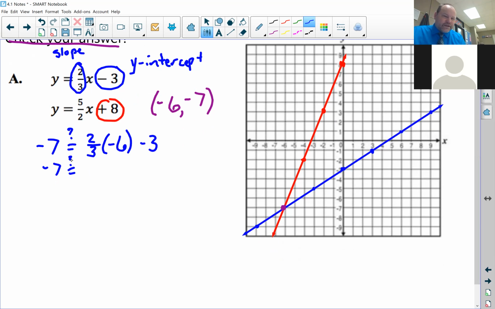On the right-hand side, I have this 2/3 times -6. So to do that, I am going to take 2 times -6. What is 2 times -6?